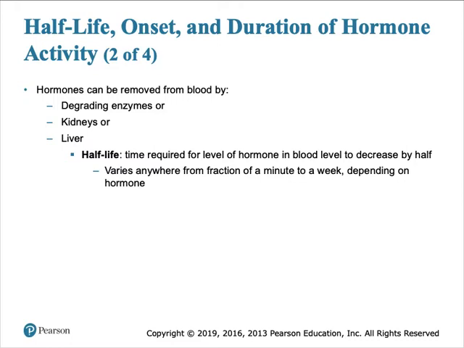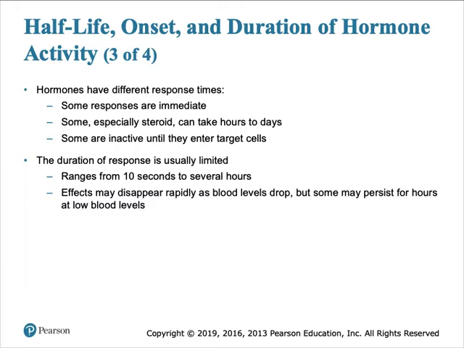Some are designed to be around for much longer. Others get metabolized very quickly so that they're not causing an effect for very long. Again, relatively speaking, the endocrine system and the hormones are longer acting than the nervous system. But within hormones, some cause a very short-term response, some cause a long-term effect.